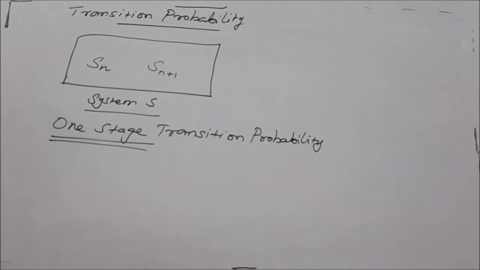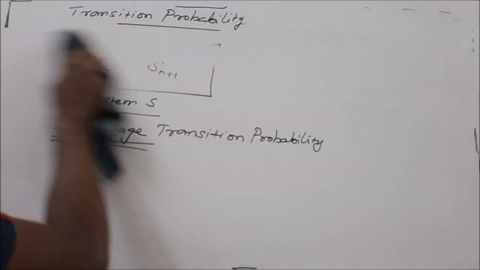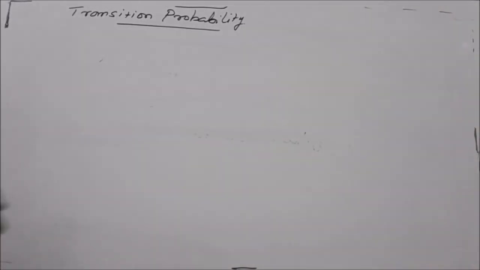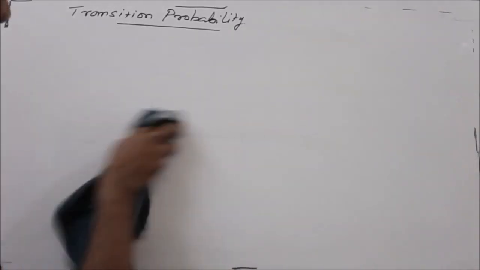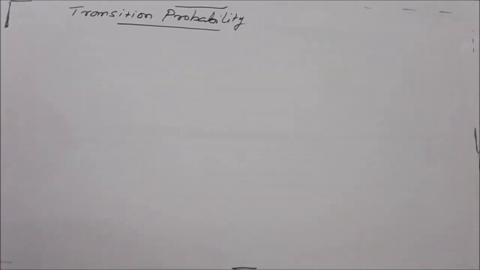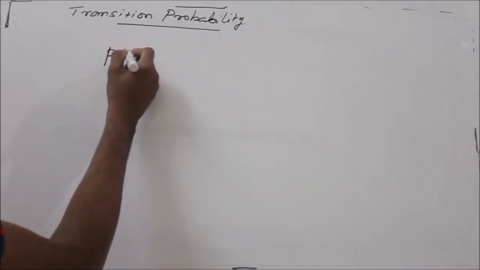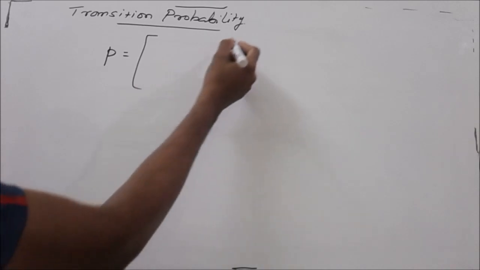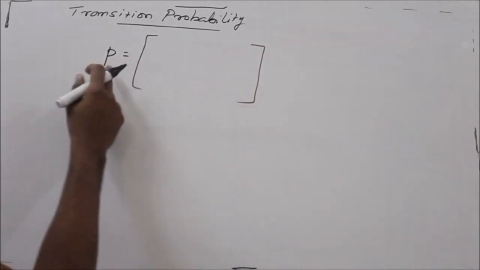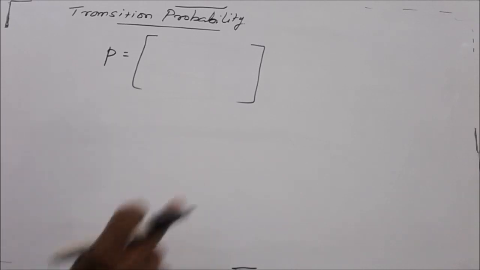Now, the transition matrix. What does transition matrix mean? It is a probability matrix denoted by P, but in our text we are using T, for transition.